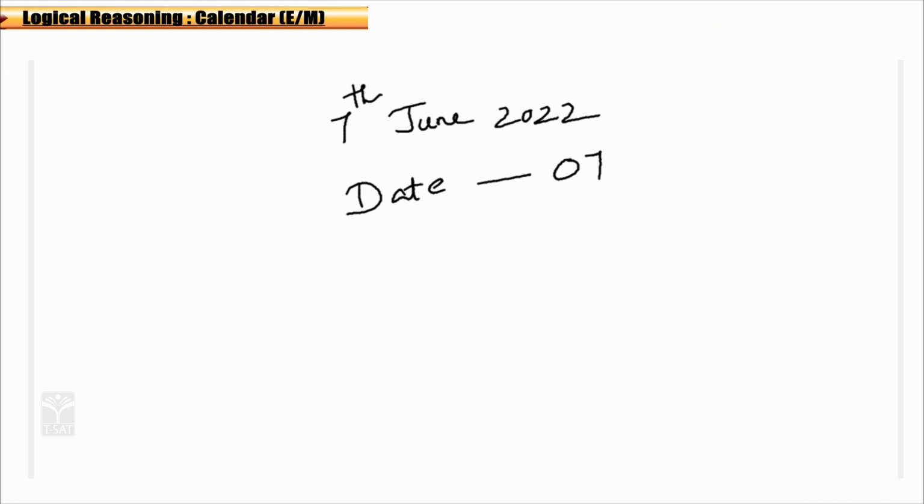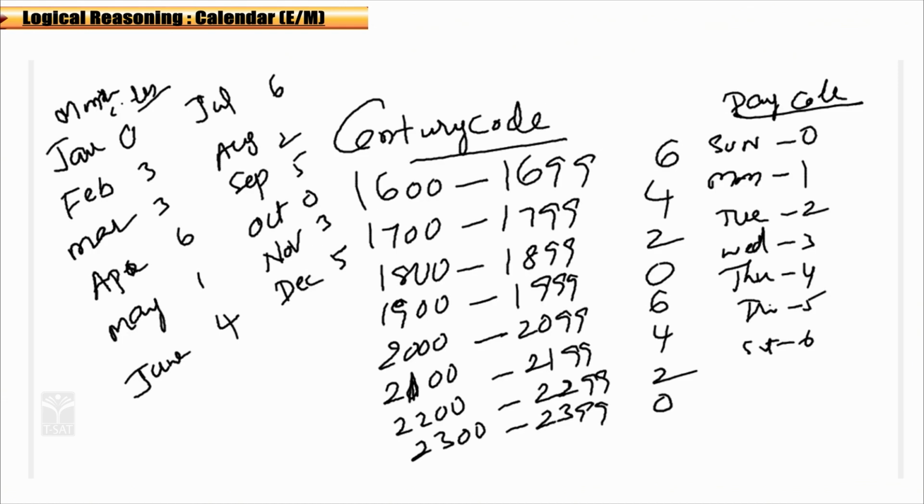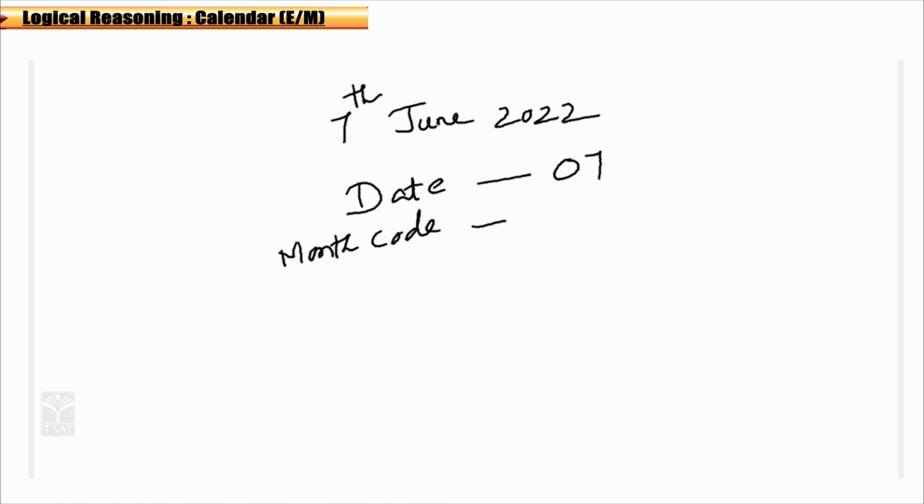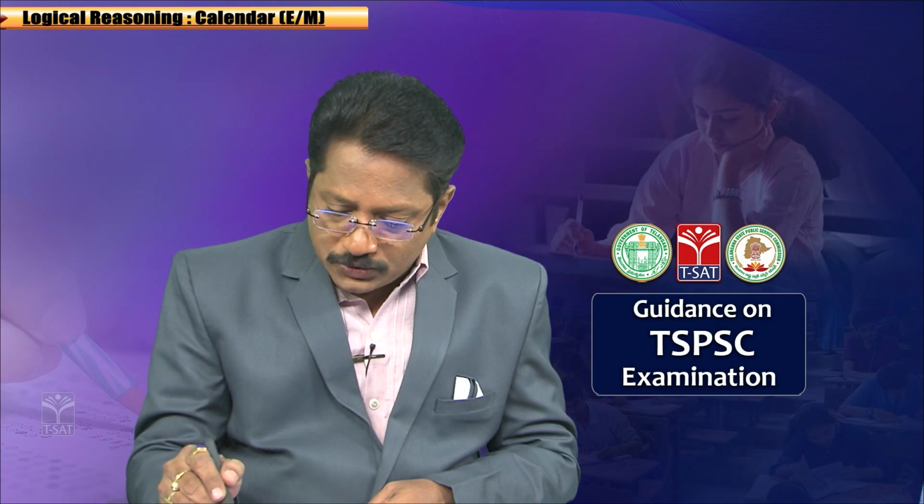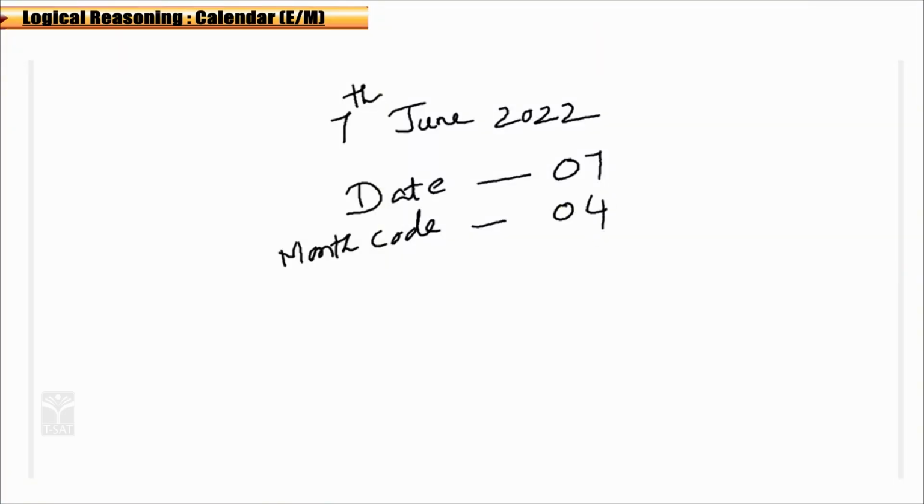Okay. Next, after writing the date, write the month code. June, we will check what the June code is. See, it is 4, correct? Okay. So now we will add the month code 04.